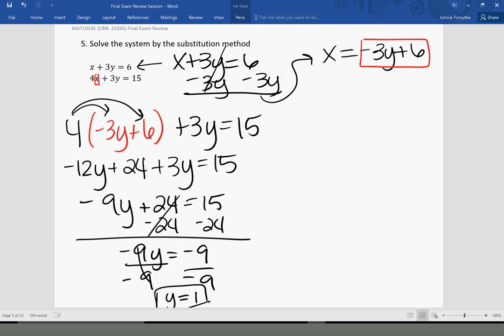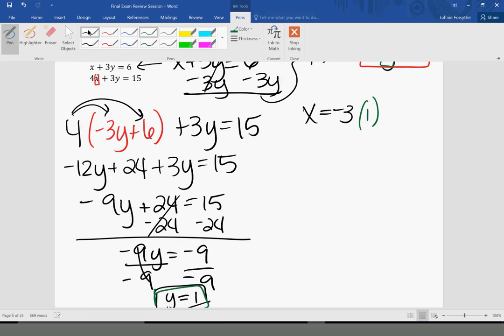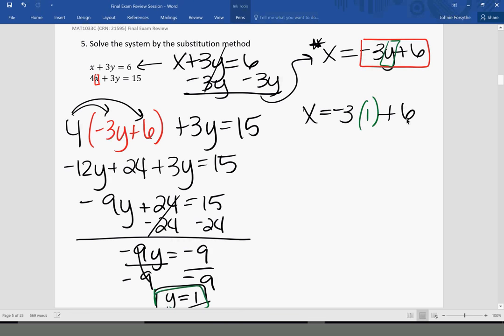I need to get x so that I can have my solution, which is a point. So I already have an equation here solved for x. I'm going to take what I got for y and plug it in here. So I'm going to have x equals negative 3 times 1 plus 6.